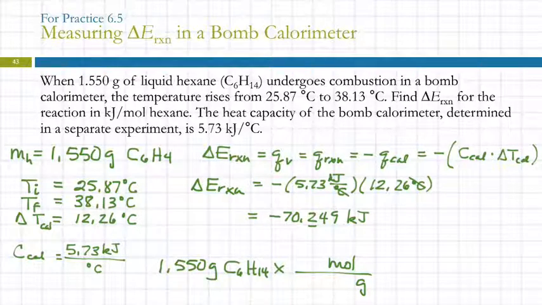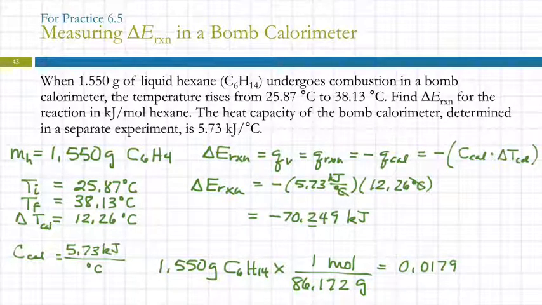So that would be 6 times 12.01 plus 14 times 1.008, 86.172. So 1.550 divided by 86.172 equals 0.0179872 moles.